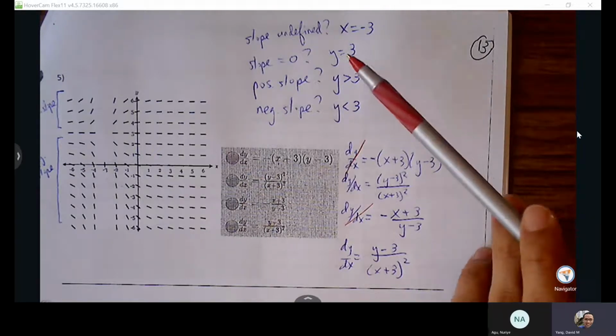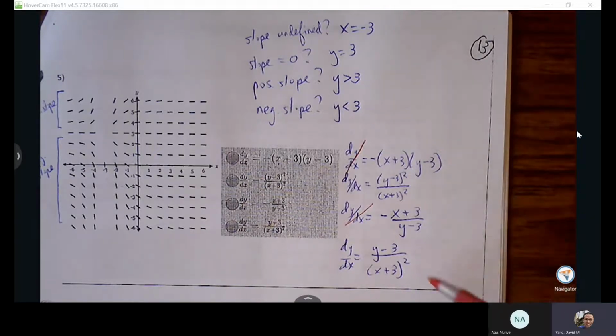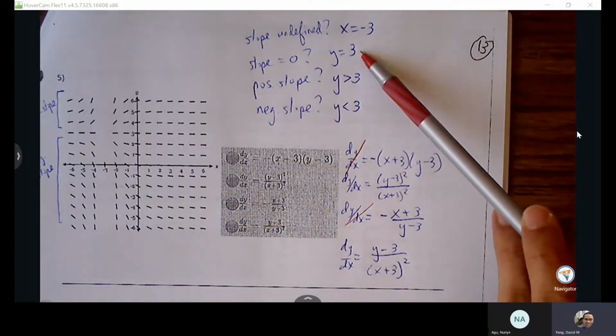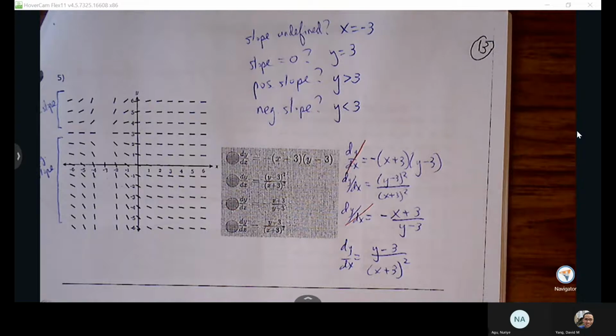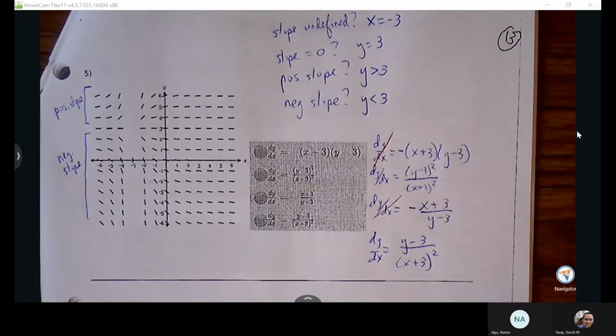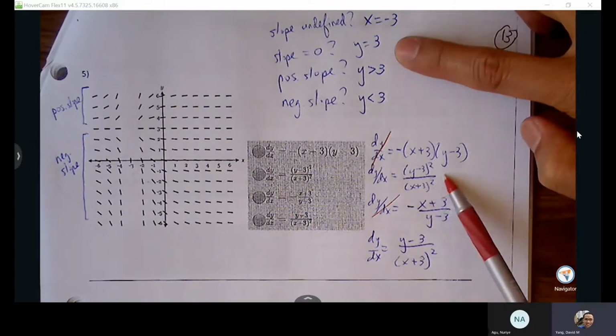Okay, second one, slope equals 0. So we're just down to B and D here. Can we eliminate any with the second statement? Okay. What happens if I plug 3 into the second one?